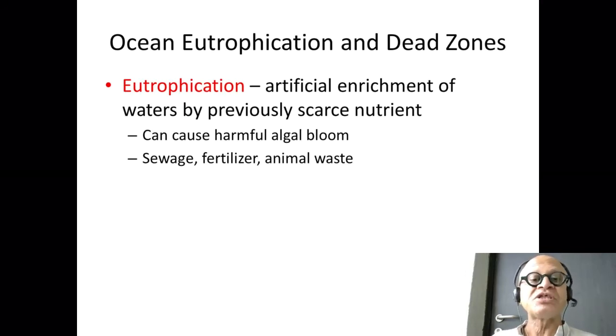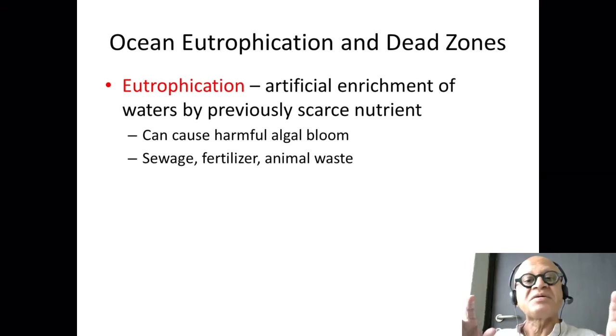So another condition that favors the competitive nature of these blooms as opposed to other photosynthetic algae is eutrophication. We said eutrophic and oligotrophic to refer to productive regions and ocean deserts. Here eutrophication means it's an artificial enrichment of waters in a region where there was previously scarce nutrients.